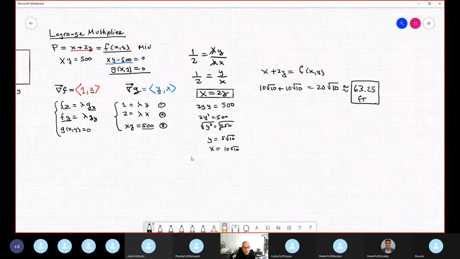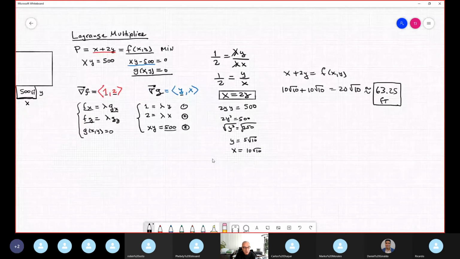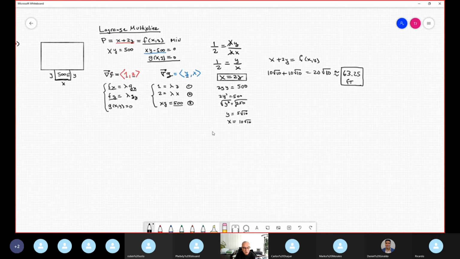Okay, do you understand the idea or no? It's easy, eh? This is super easy. You can use Cal 1 for solving that problem. Of course, we can use Cal 1 for solving that problem because it's 2 dimension.